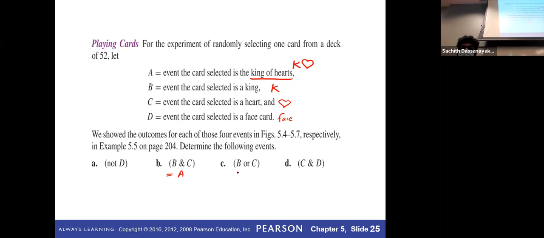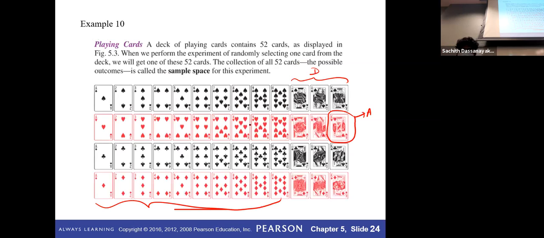So let's do this one, B or C. What is B? K. C is hearts. So K or hearts. What are the K or hearts? K means these four, right? Kings.